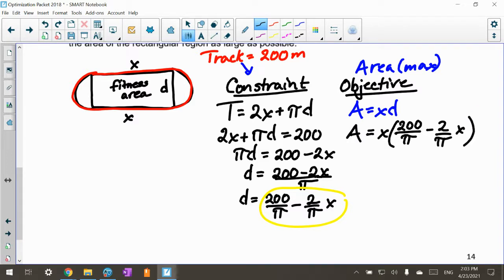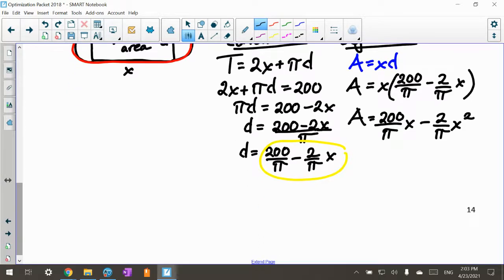Now I'm going to distribute that. A is going to equal 200 over pi x minus 2 over pi x squared. And do you see why I did it that way? Just so we could see what was going on.